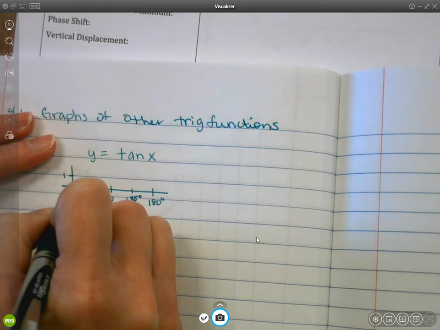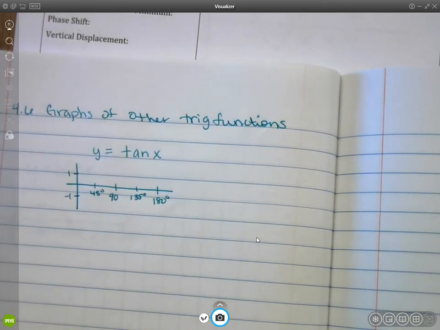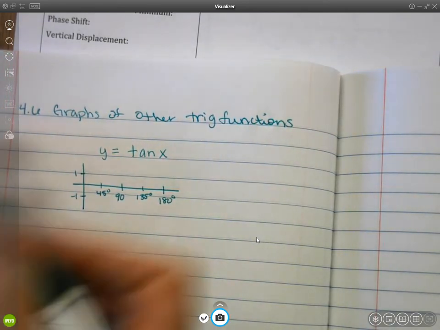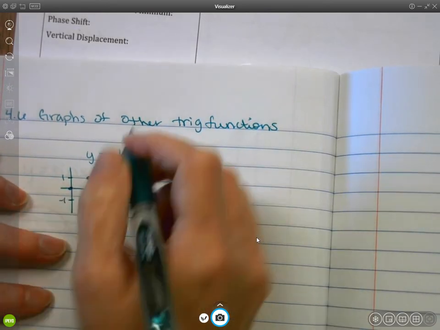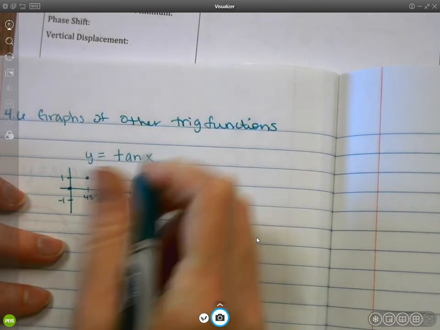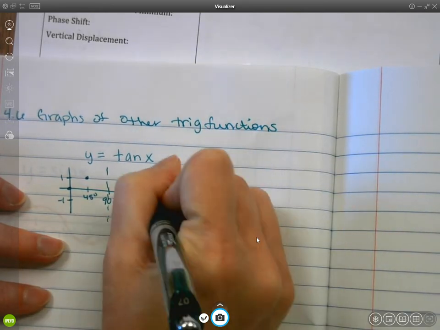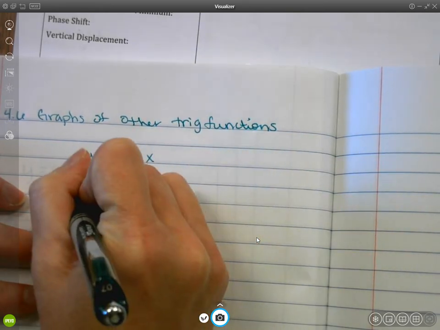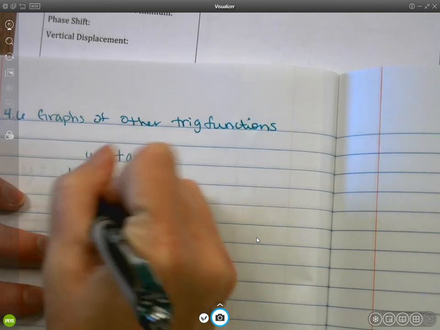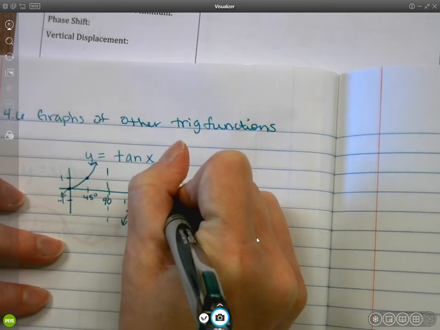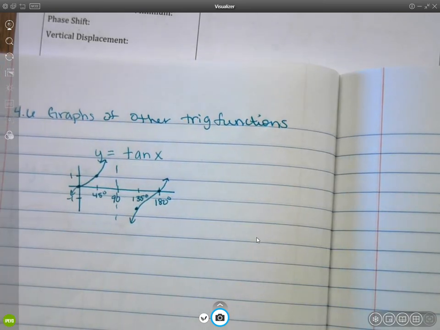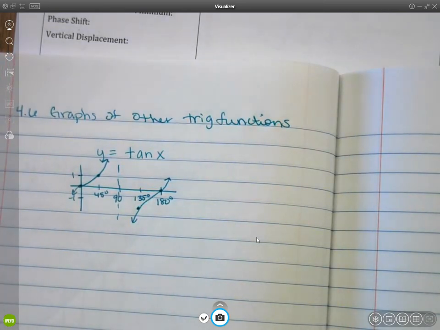And you can mark your 1 and your negative 1 on your y. Remember tangent was 0 at 0, 1 at 45, asymptote at 90, negative 1 at 135, 0 at 180. And it made like a swoosh up this way, and this went down like this, and this one's going to go up like that. So when I ask you to graph tangent, that's all I need from you, is that little bit.